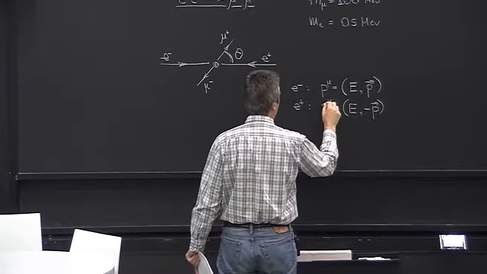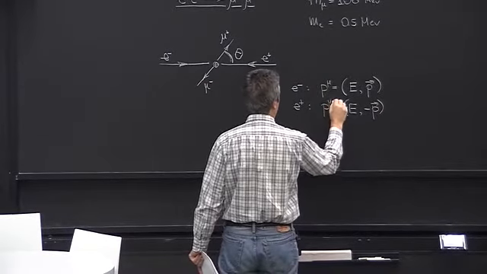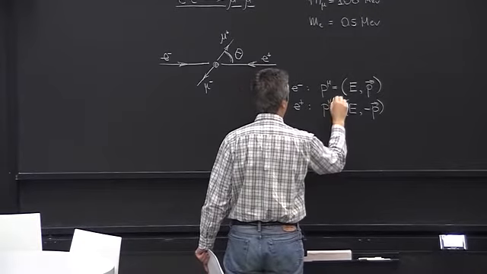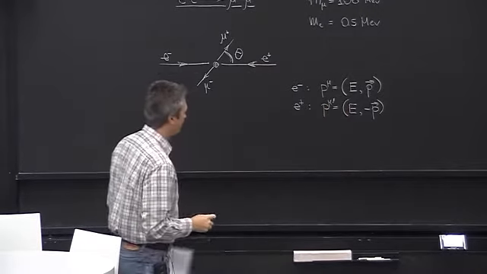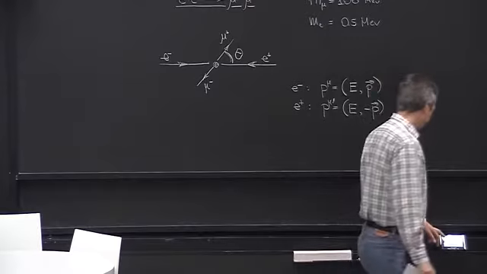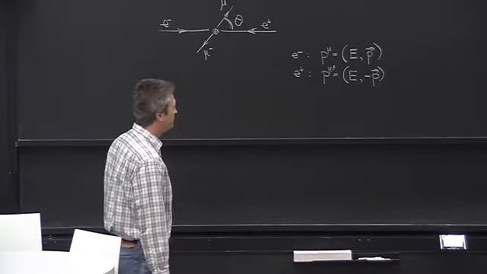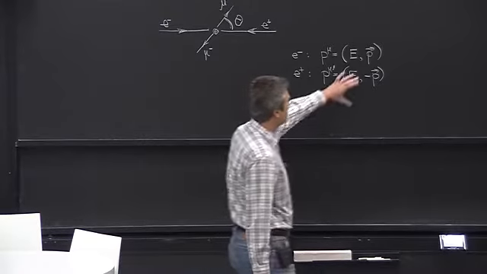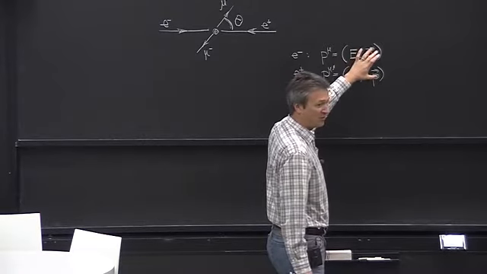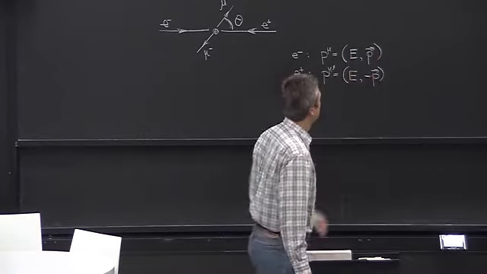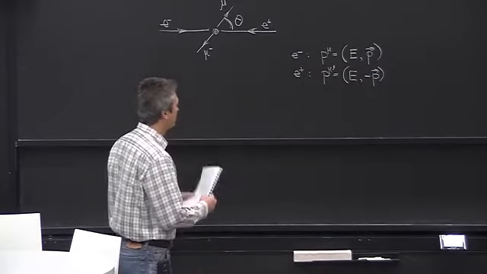And let's call this momentum P prime. So in the center of mass frame, the three momenta of electrons are opposite and equal in magnitude.